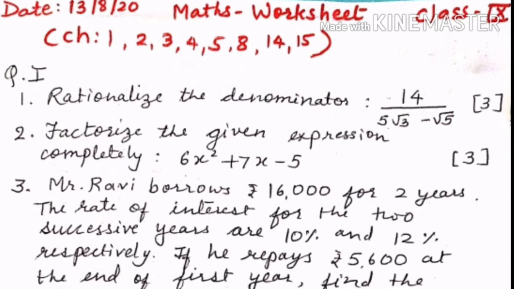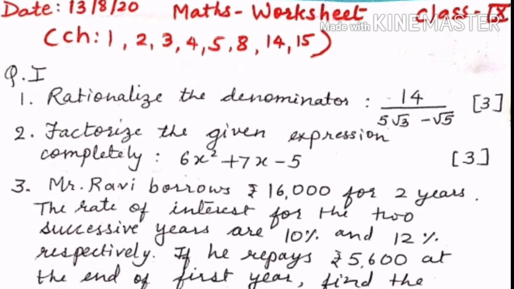First of all, I will explain how you can solve the questions given in the worksheet. Question 1, rationalize the denominator. It is from chapter number 1, in which you can see in the denominator there are irrational numbers root 3, root 5.